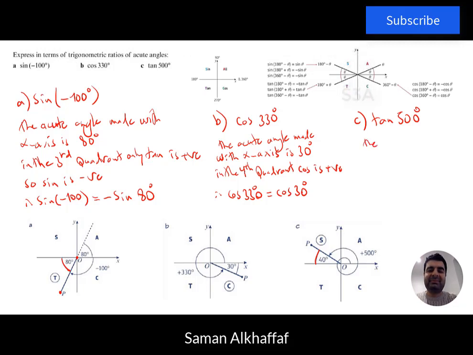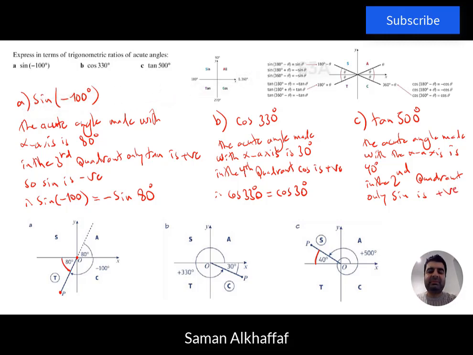So the acute angle made with the x-axis is 40 degrees, and in the second quadrant only sine is positive, so tan of 500 degrees will give us minus tan of 40 degrees, and this will be our answer for this question.